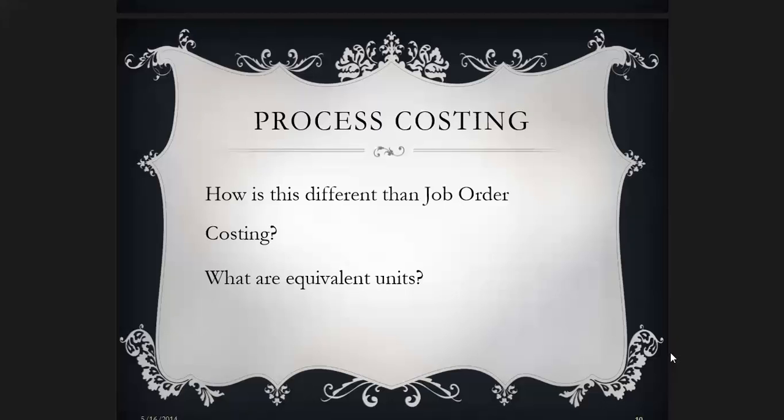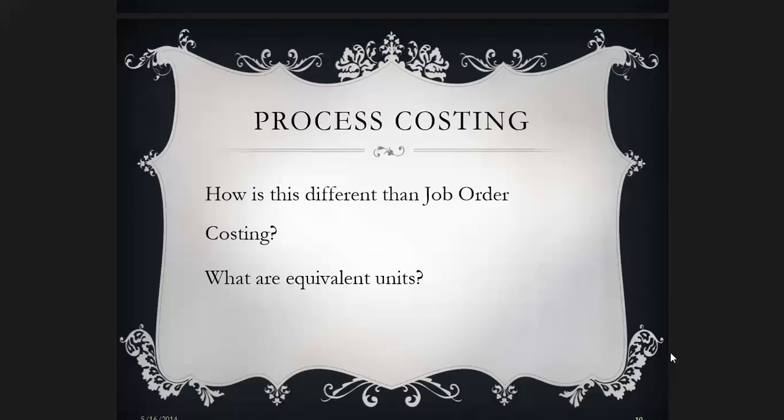With process costing, that we'll be talking about in this chapter, companies will use process costing when they create a homogeneous product, meaning that the product is the same and goes through all the same processes in order to be created, like making cookies, for example.